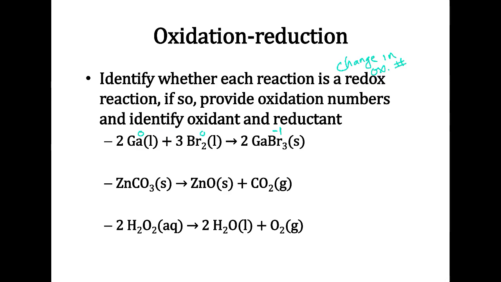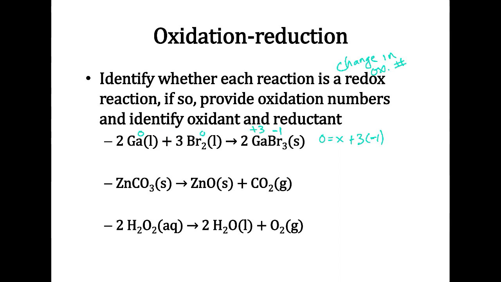So if we set up our equation off to the side, there's no charge overall, so 0 is equal to X, which is the oxidation number of gallium, plus 3 times -1. So we know that the oxidation number of gallium is +3.